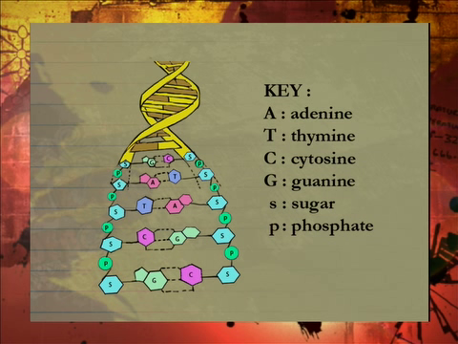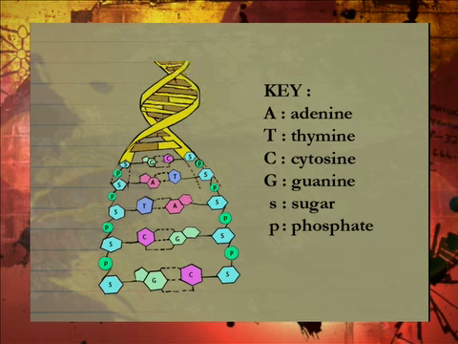If we start at the bottom, we can see that our first nucleotide is a phosphate sugar guanine, and that is bonded to a cytosine, which is bonded to the sugar and the phosphate. Now you'll notice that when we bond guanine to cytosine, there are three little dotted lines between them, whereas when we bond thymine to adenine, there are only two little dotted lines.